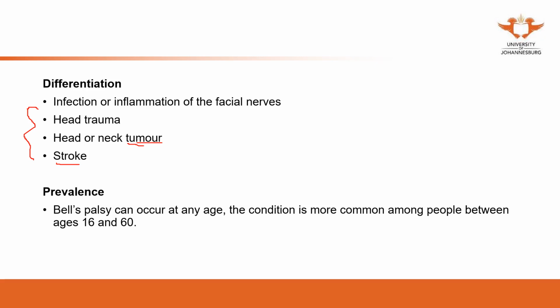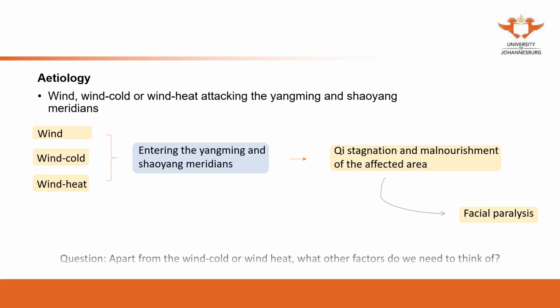We mentioned previously that the most common medical condition for this problem is Bell's palsy. Bell's palsy can occur at any age, more commonly from 16 to 60. The etiology: we focus on wind because the main presentation of facial paralysis is deviation, the deviation of the face and the eyes.